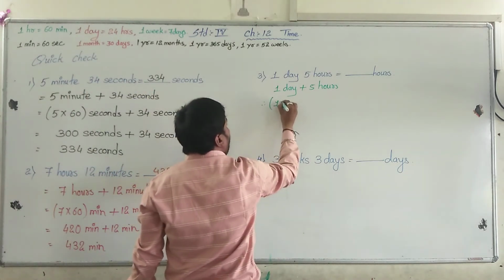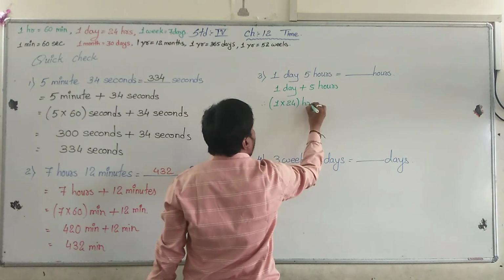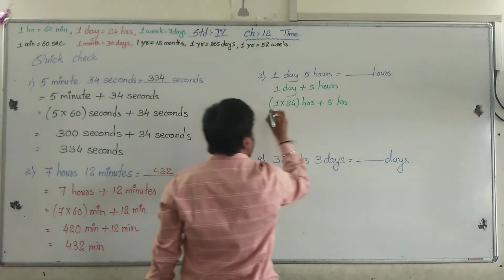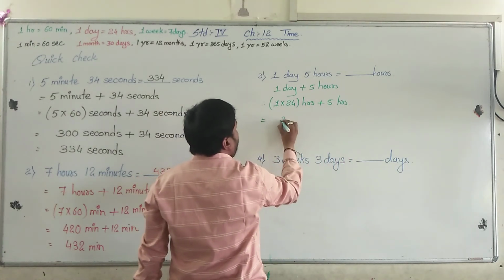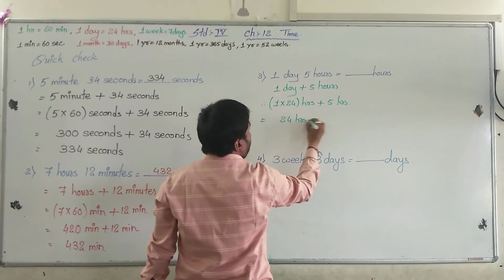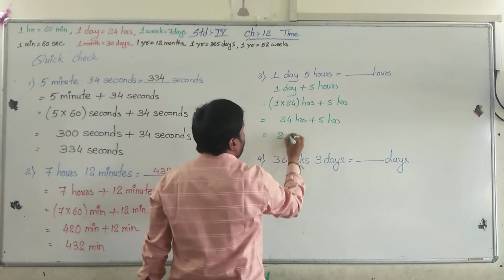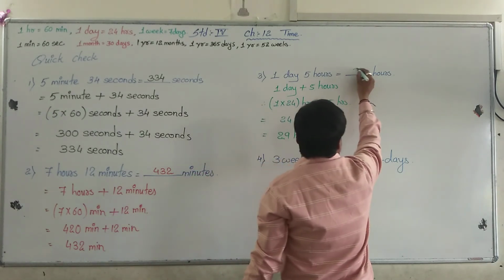That will be 1 multiplied by 24 and days will convert into hours, plus 5 hours, so 24 hours plus 5 hours. If I add it up then it will be 29 hours.